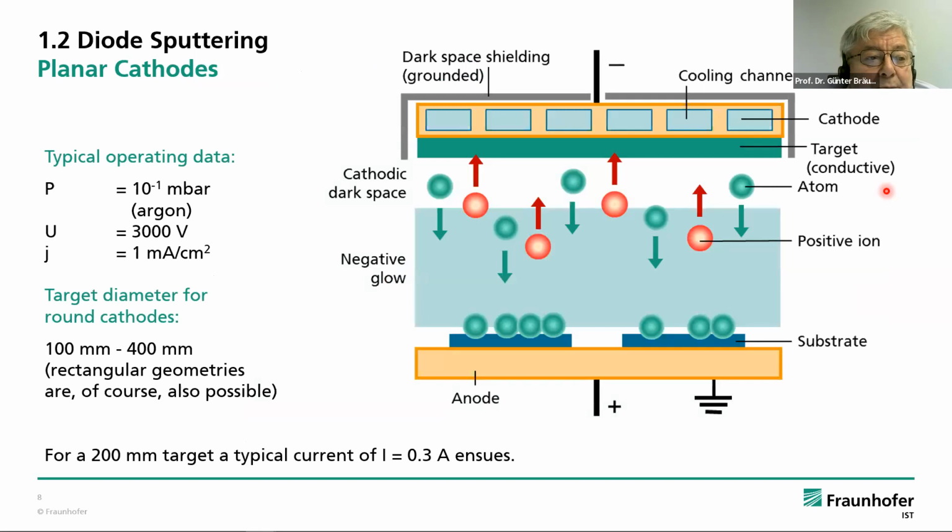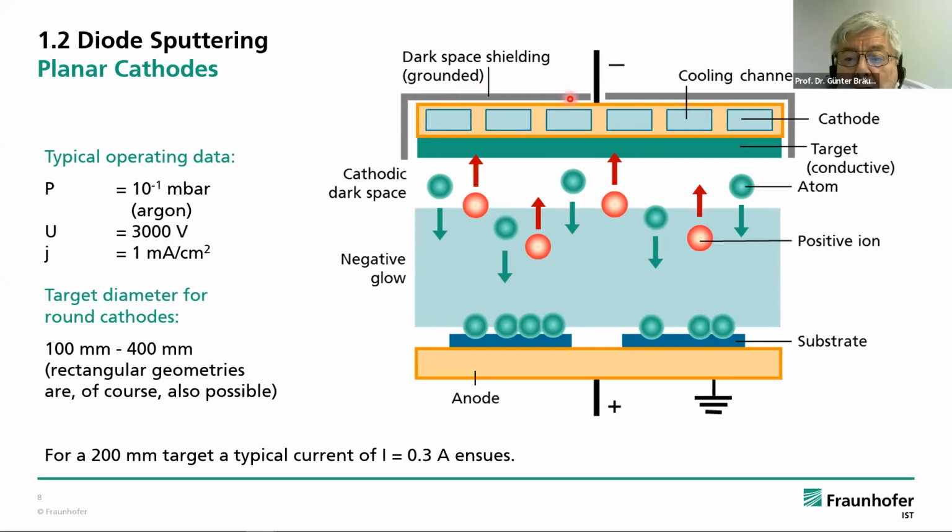Next, please. After this brief introduction, we will talk a little bit about diode sputtering. Based on the principles, here you see a simple sputter diode where you have a target mounted on a copper plate or a target body. As I said, you have to cool the target. In case of diode, you need a dark space shielding in order to concentrate the plasma in front of the target.